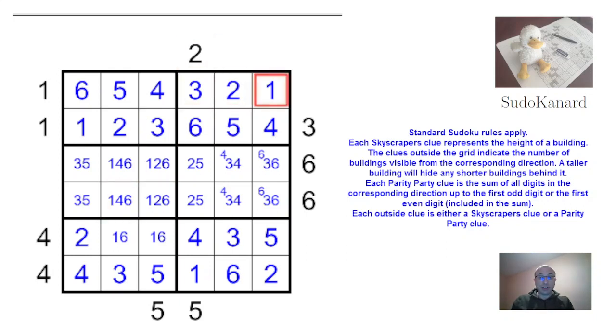Oh, see that? A 3 here would work as Parity Party. I'm tempted to put the clue even though I don't use it. And here 2 works.